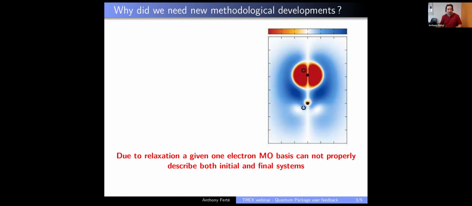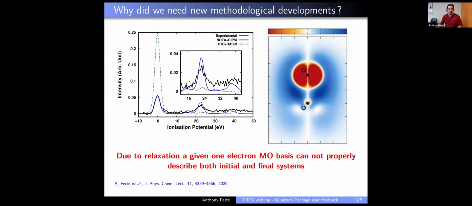But it's a huge problem in this case because if we try to simulate the spectrum, we get something that looks like the green one, the dashed curve here, which when we compare it to the experimental result, which is in black, gives a completely wrong answer.